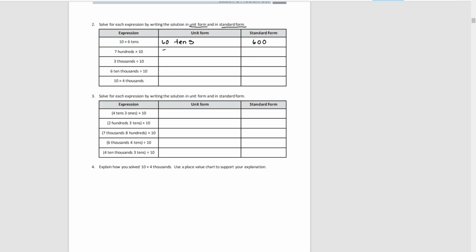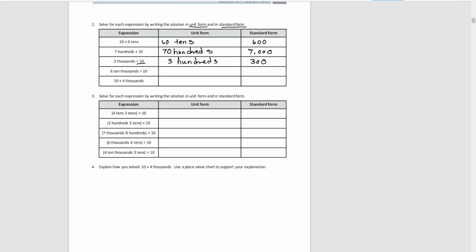So for number 2, we have 70 hundreds, which is 7,000. For number 3, we're dividing. So 3,000s divided by 10 would be 300s. 300.